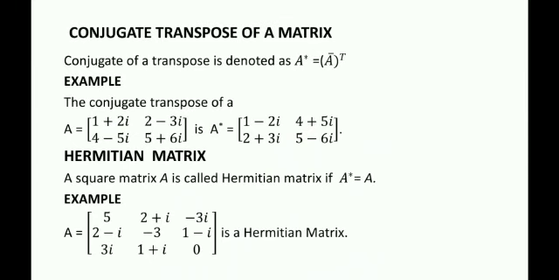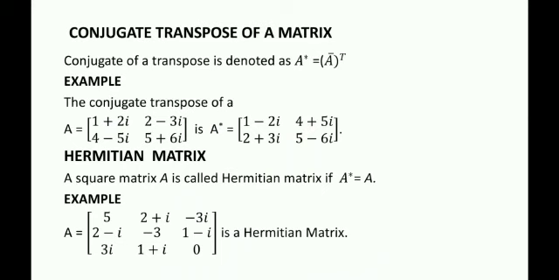For example, A equals to 1 plus 2 iota, 2 minus 3 iota, 4 minus 5 iota, 5 plus 6 iota. So to find out A star, we have to operate two operations on this matrix A. First of all, we will find out conjugate of this matrix A and then we will transpose that matrix. By this way, we can find A star.